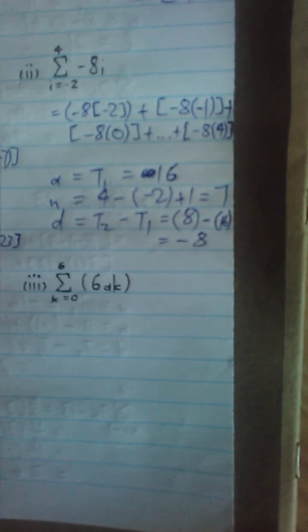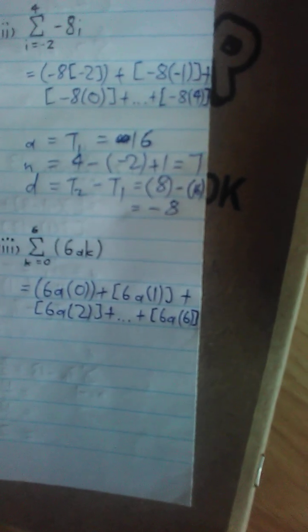As usual, we are going to expand: 6a0 plus 6a1 plus 6a2, plus others in between, up until we get to 6a6.